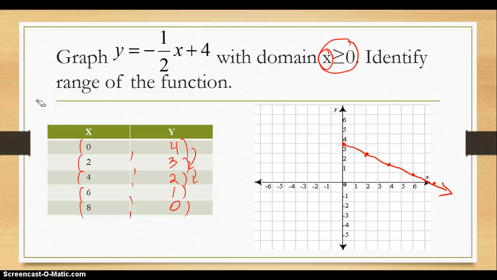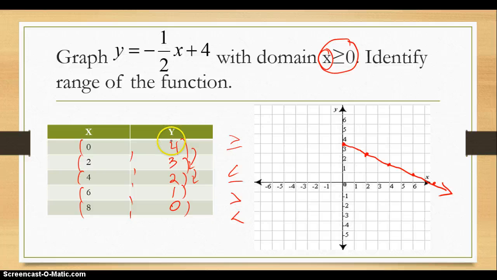So when I'm looking at my graph, or you can go back to your table, I have to tell the restriction on y using an inequality. Inequality can use any of these signs here. So what can y be? When I look at this graph, what could y be?